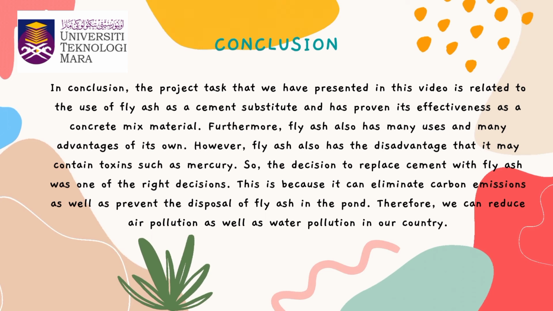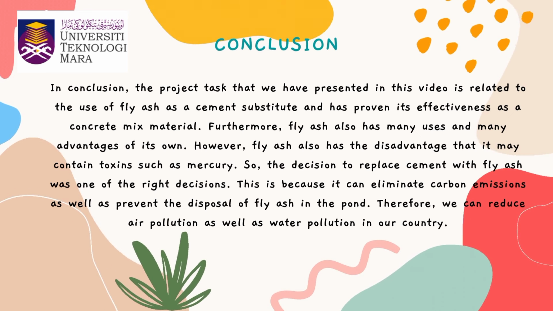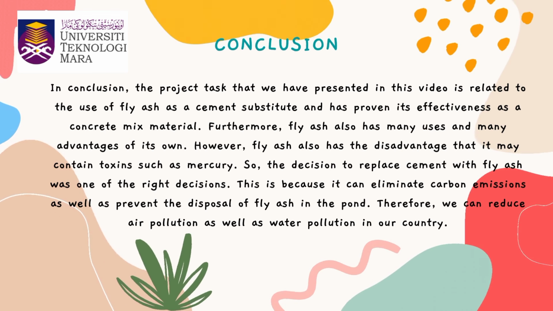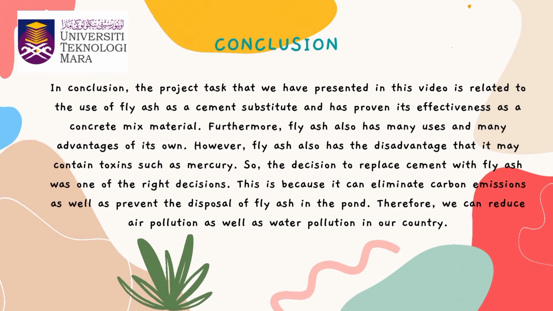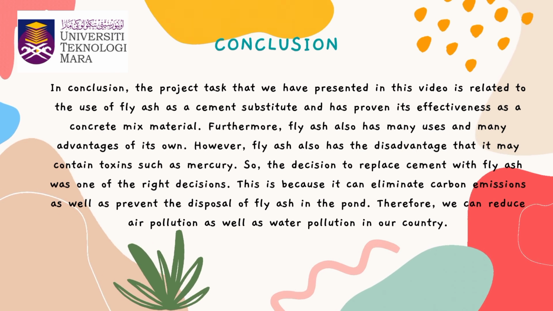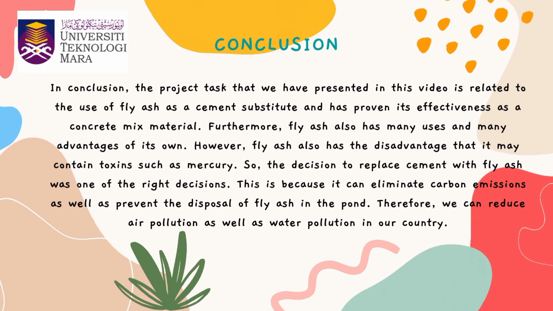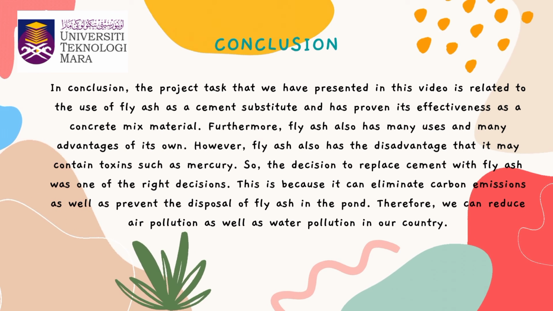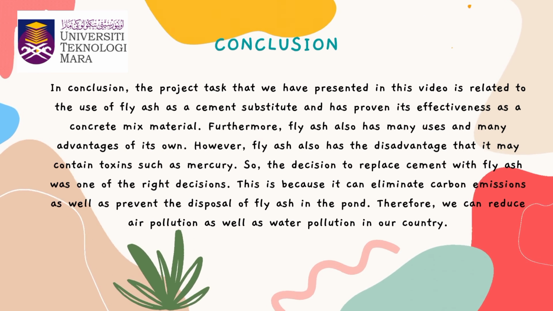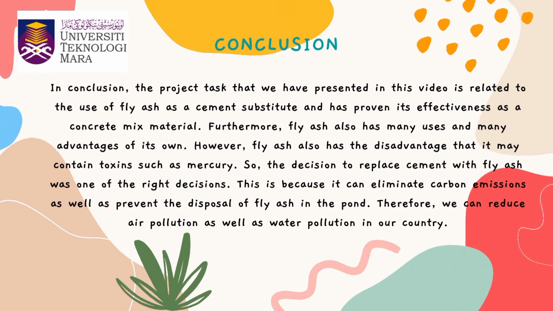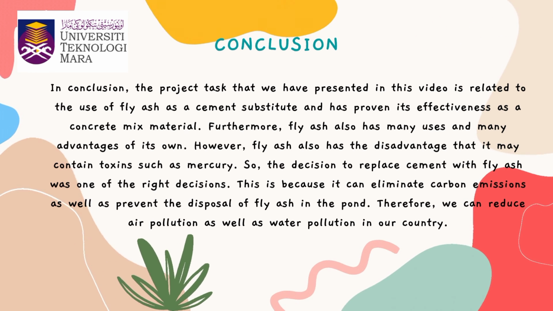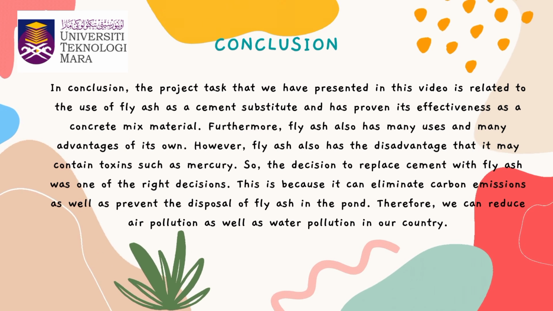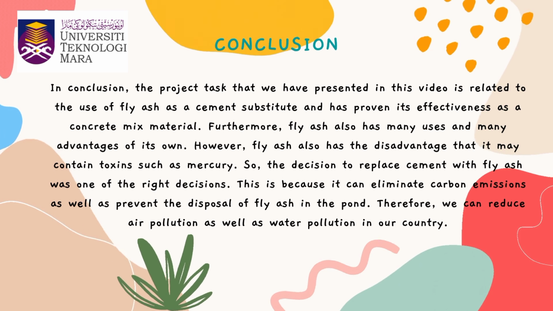However, fly ash also has the disadvantage that it may contain toxins such as mercury. So, the decision to replace cement with fly ash was the right decision. This is because it can eliminate carbon emission as well as prevent the disposal of fly ash in the pond. Therefore, we can reduce air pollution as well as water pollution in our country.